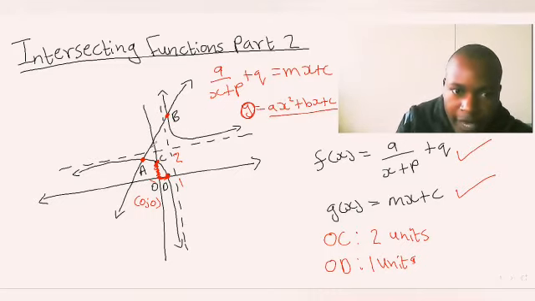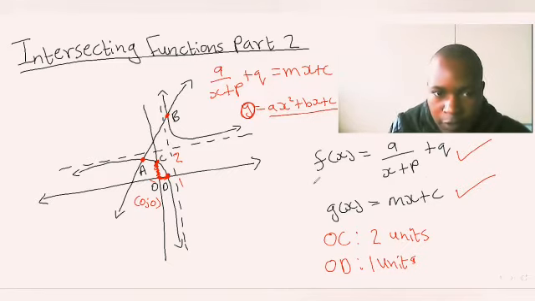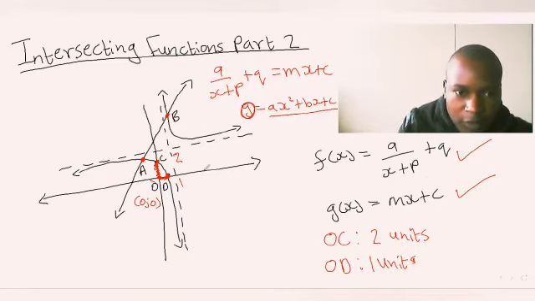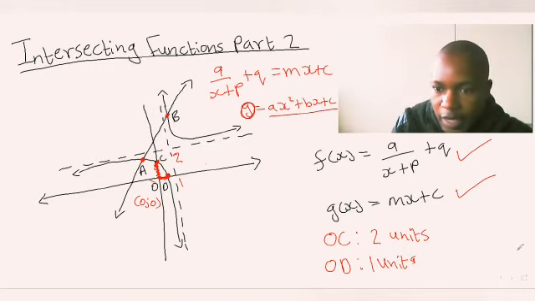This would be the x for point A, as well as point B. To get the corresponding y values, you would use either of the two equations, either the hyperbola or the linear, in order to get the corresponding y value. That's what I wanted to quickly share with you before we go into today's example.